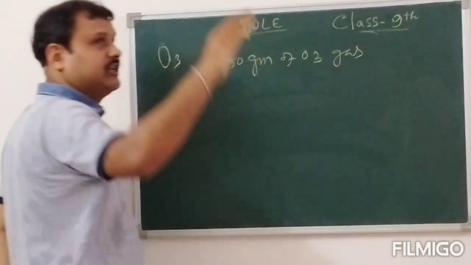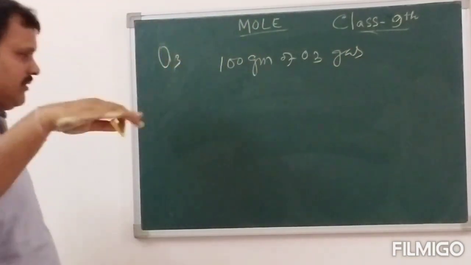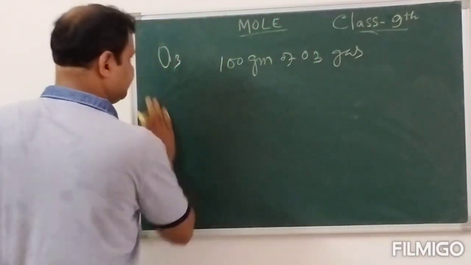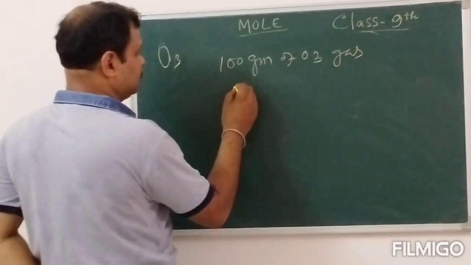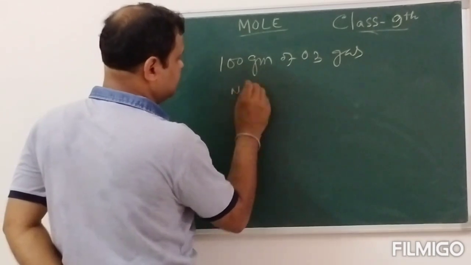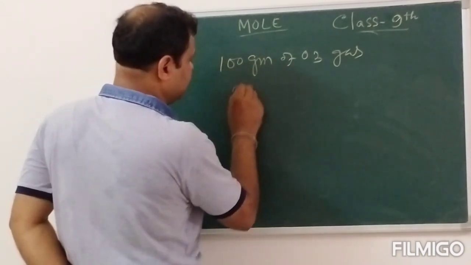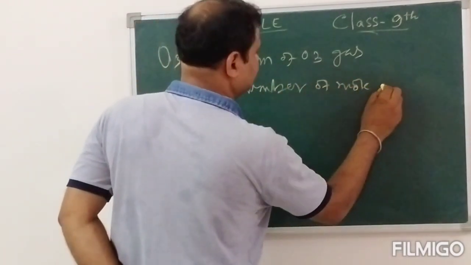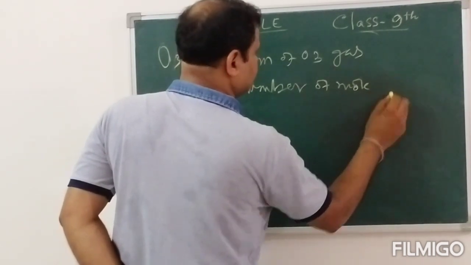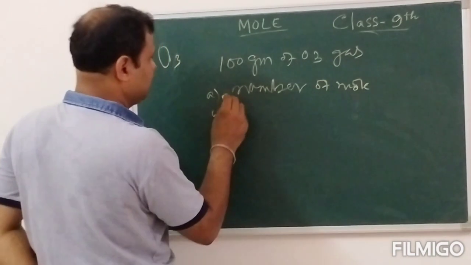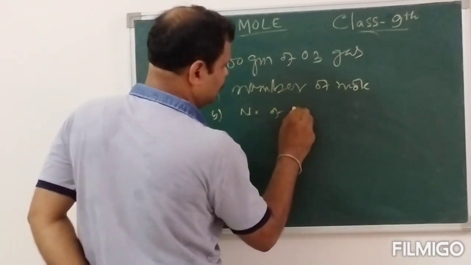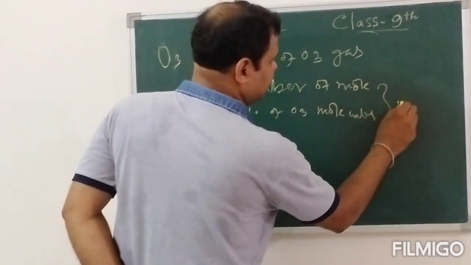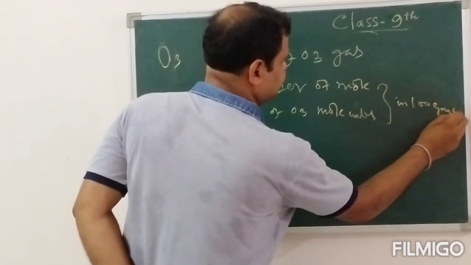Ozone gas surrounds our atmosphere to protect from the UV light of the sunlight, and it protects our earth. So the question could be, what will be the number of moles, and second, the number of O3 molecules in 100 grams of O3 gas.